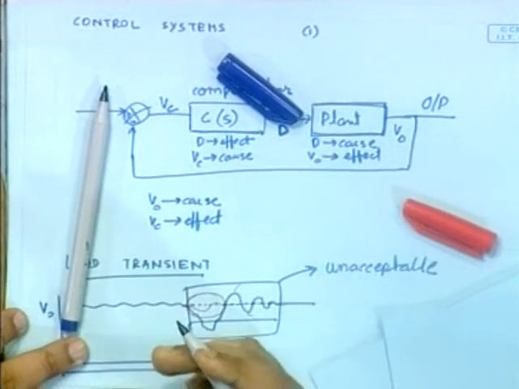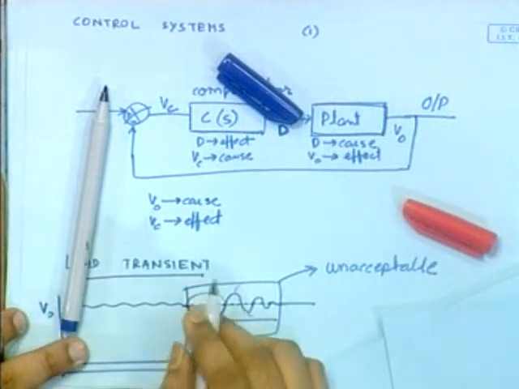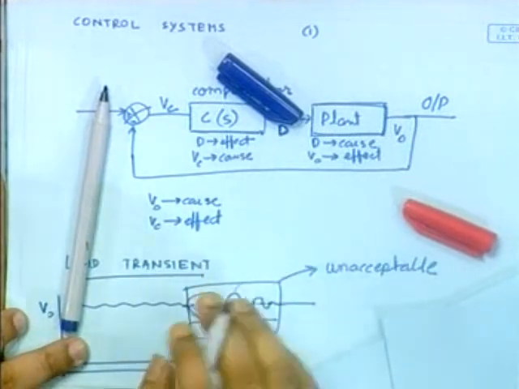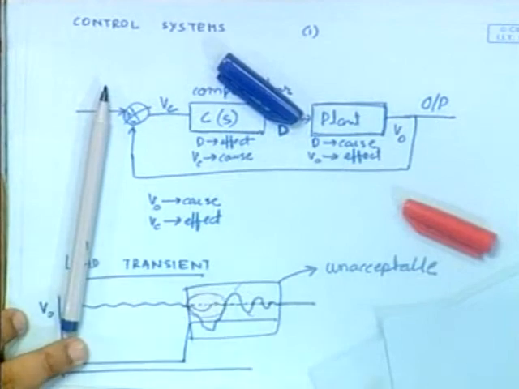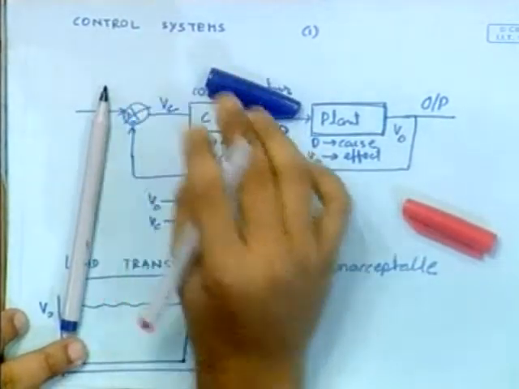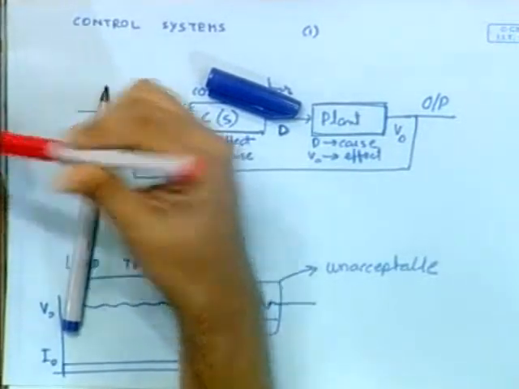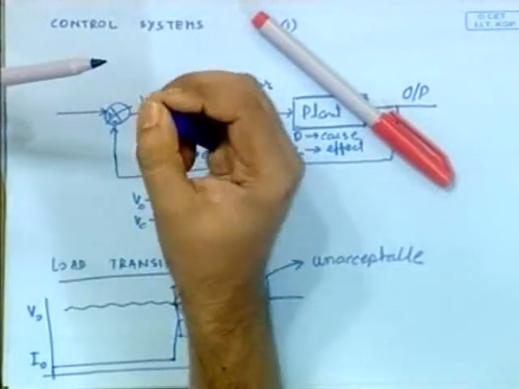You cannot eliminate it, but you have to minimize it so that you get a fast transient, so that your processor, say, does not malfunction for a long time. For a small time, as quickly as possible, you will have to settle it. So these are the transient effects that go on inside a converter and which need to be properly addressed when we design the controller.